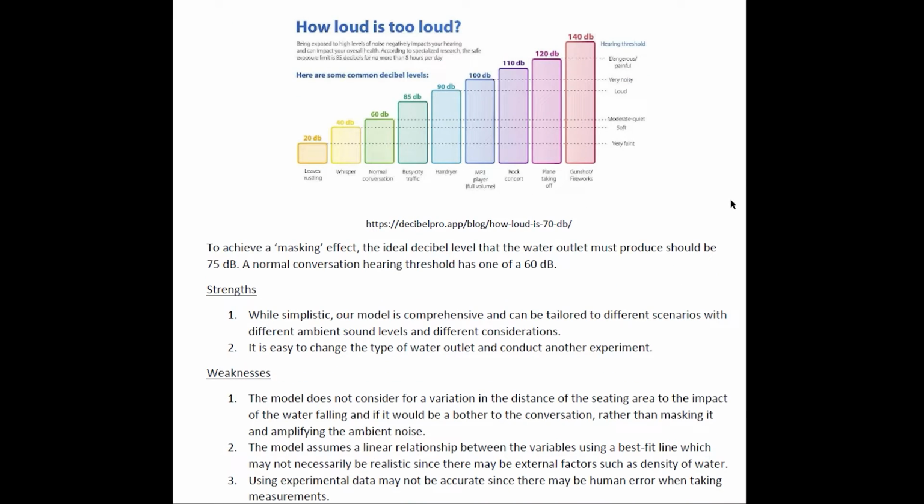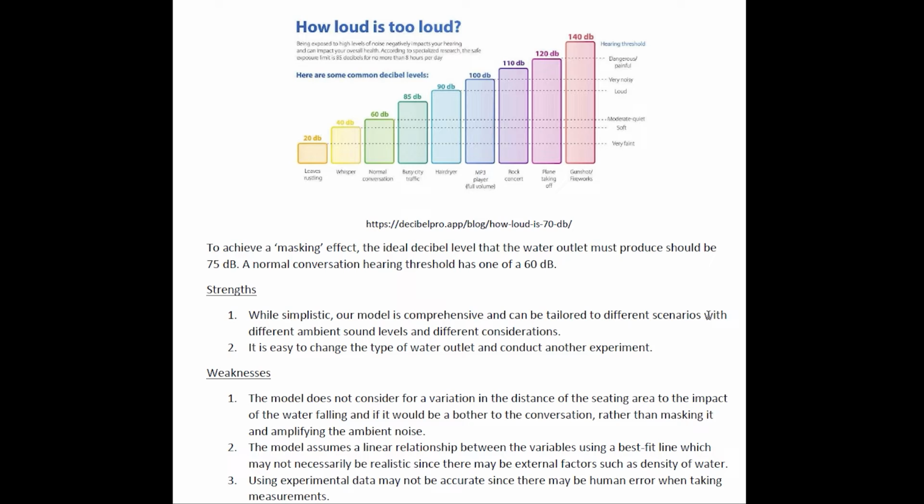In terms of weaknesses, however, the model, as said earlier, does not consider variation in the distance of the seating area to the impact of the water falling, as we assumed that the distance is negligible. To be more detailed, the results would differ if we used this model and took into account each individual distance.